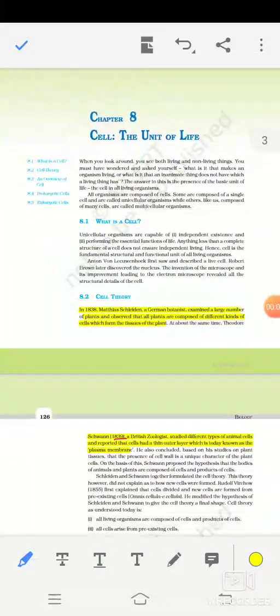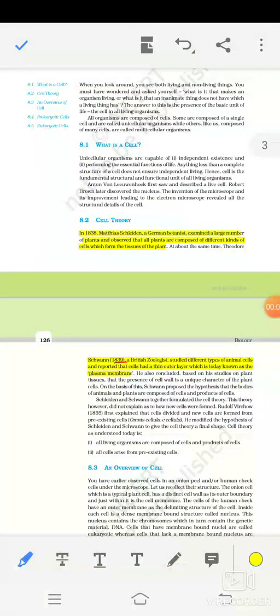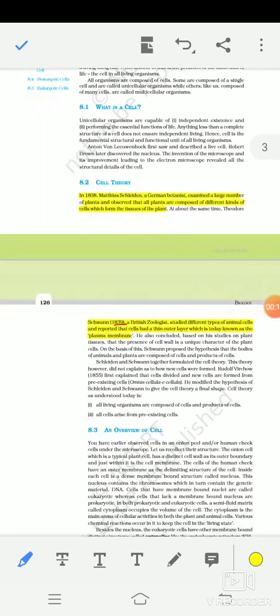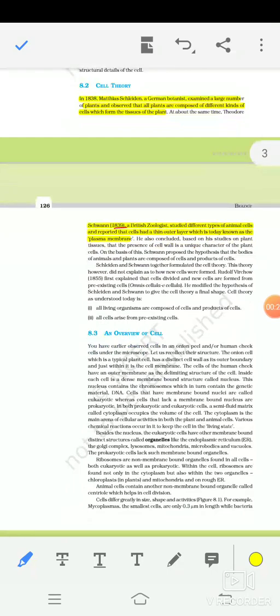Chapter 8: Cell Theory. Let us look at cell theory. In 1838, Matthias Schleiden, a German botanist, examined a large number of plants and observed that all plants are composed of different kinds of cells which form the tissue of each plant.